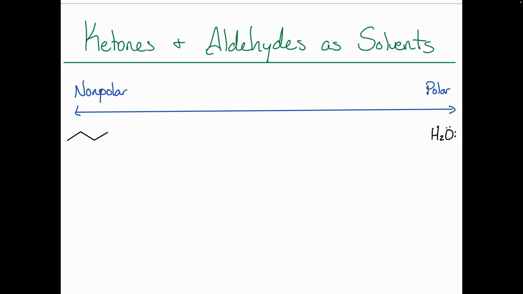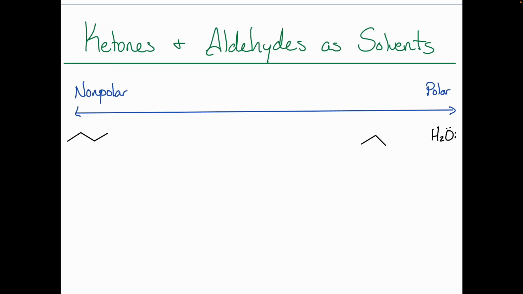So these are our two extreme ends here. Another polar functional group, not quite as polar as water, would be alcohols, but still pretty far on that polar end of our spectrum.